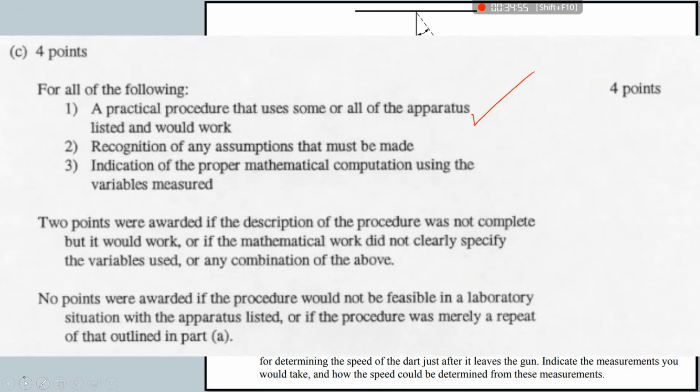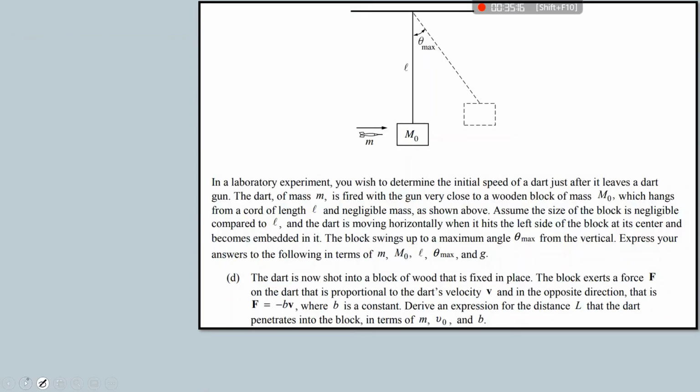Indication of proper mathematical computation using the variables measured. We mentioned how we could get there. So I'm going to say we would have got 3 out of 4 because we didn't make any list of limitations or anything. Okay. And last one.